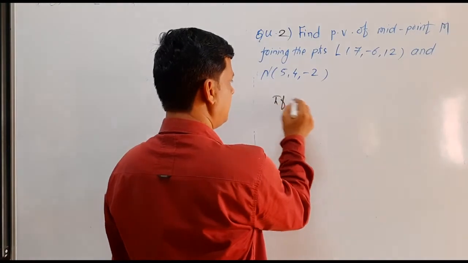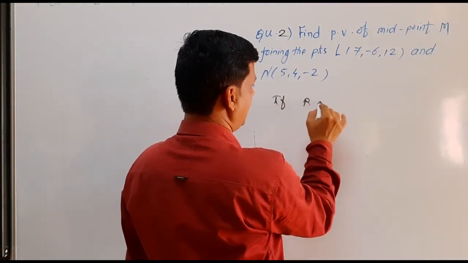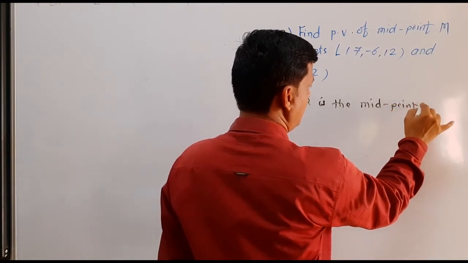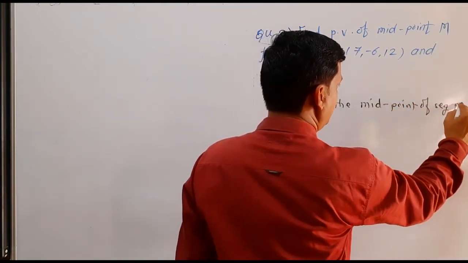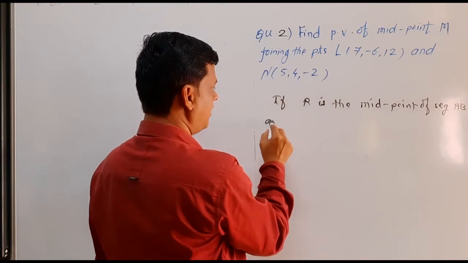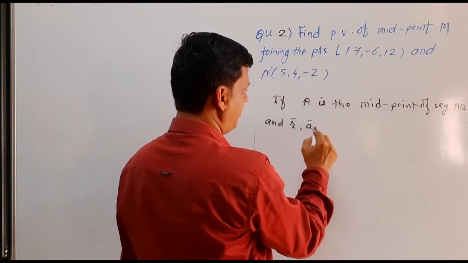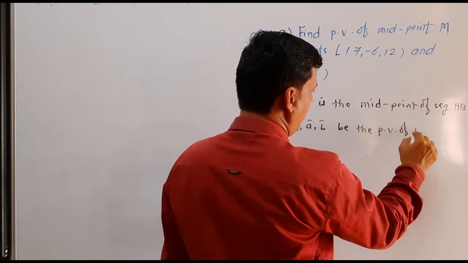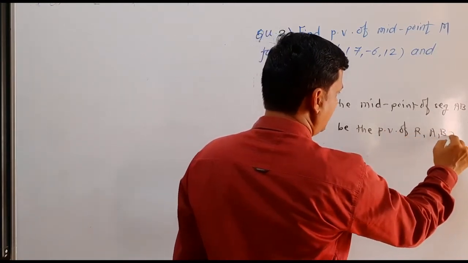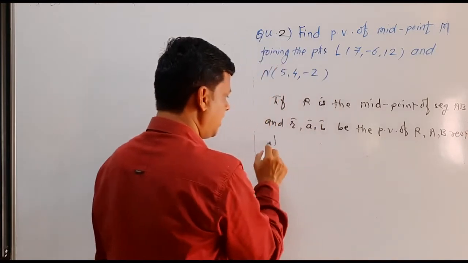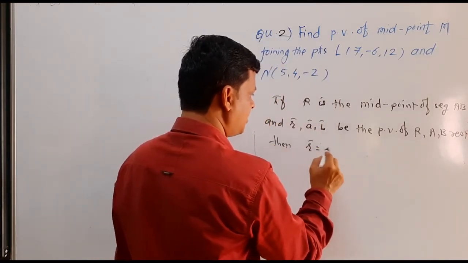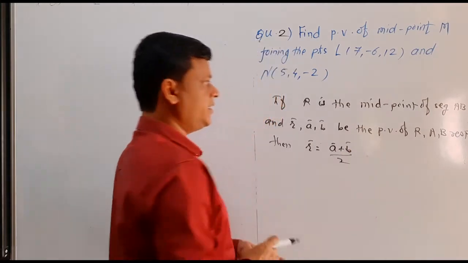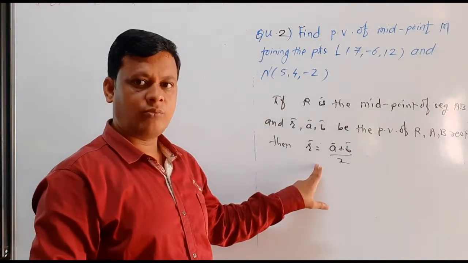So if R is the midpoint of seg AB and R bar, A bar, B bar are the position vectors of R, A, B respectively, then R bar is equal to A bar plus B bar upon 2. This is called the midpoint formula.